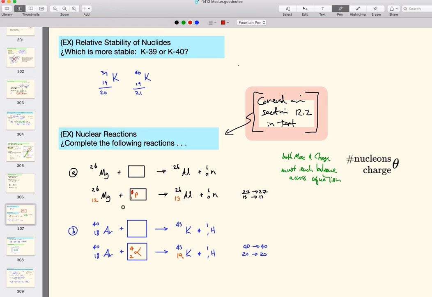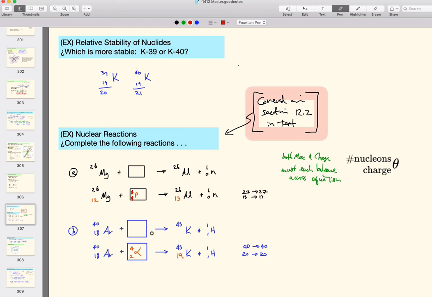Looking at the charge, the total charge on the right-hand side of the equation is 13, and on the reactant side, as it now stands, magnesium has 12. And so we need a species that also has 1 positive charge. And there's only one subatomic particle with a charge of 1 and a mass of 1, and that is a proton.